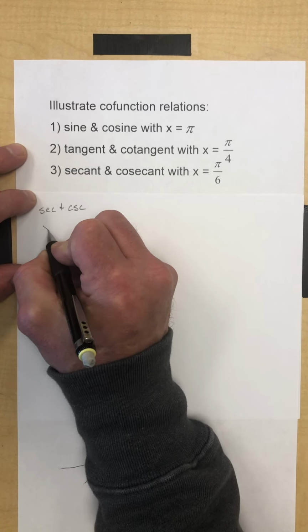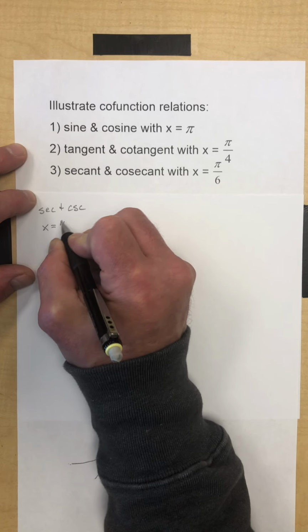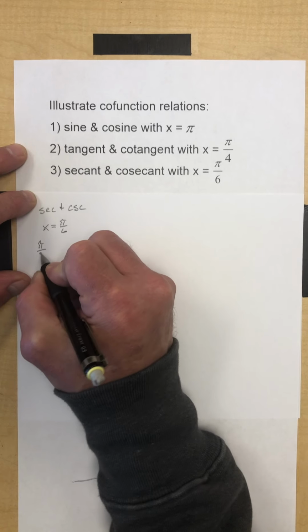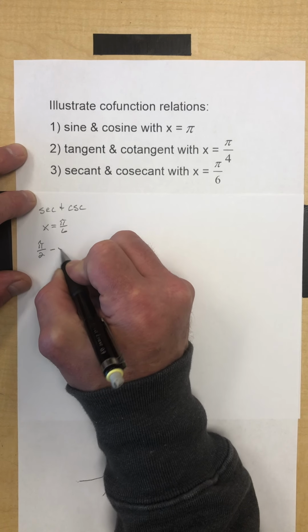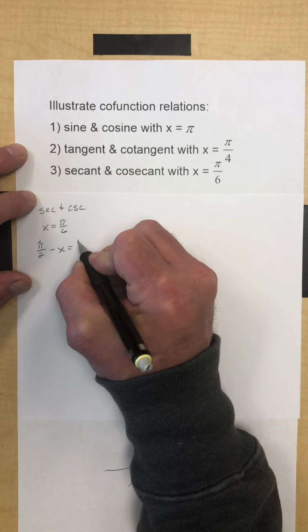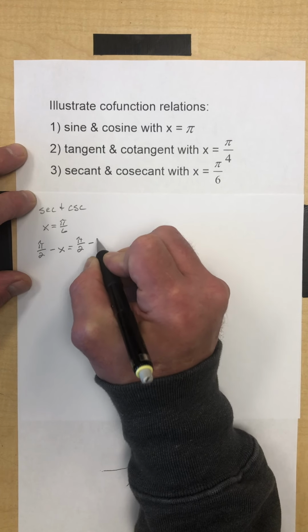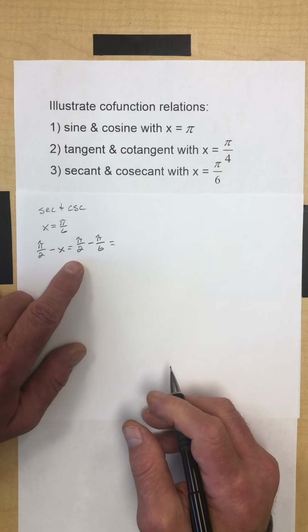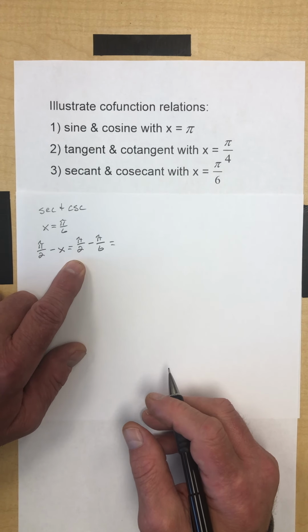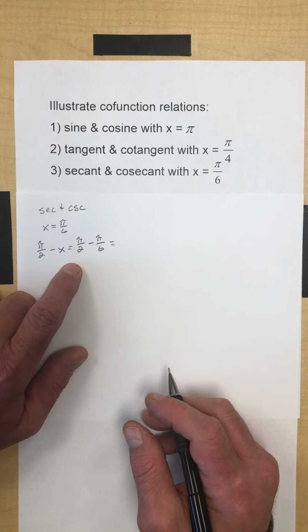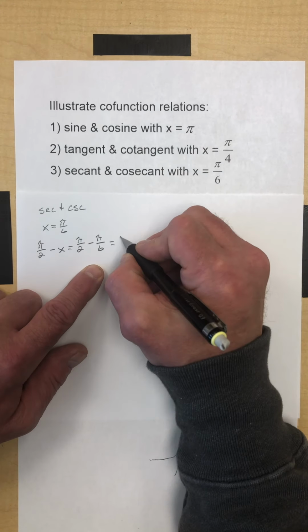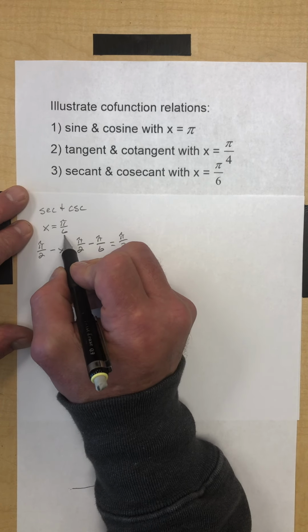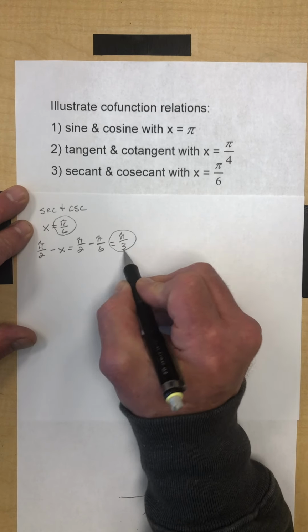Let's see, x is equal to pi over 6. So my pi over 2 minus x would be pi over 2 minus pi over 6. So what's that give us? This would be 3 pi over 6 minus pi over 6, so that's 2 pi over 6 or pi over 3. So we have to be working with this angle and this angle.